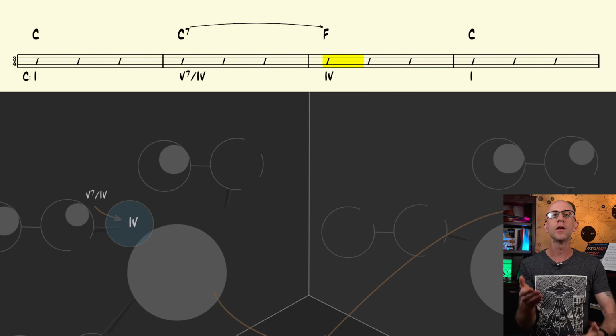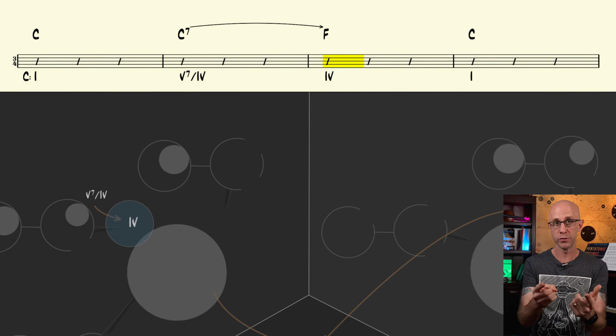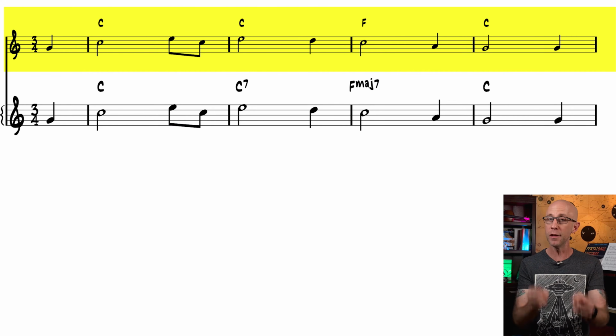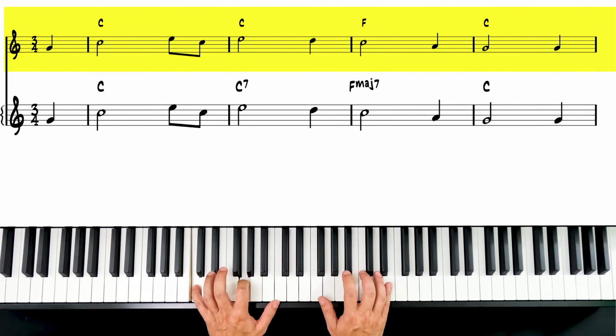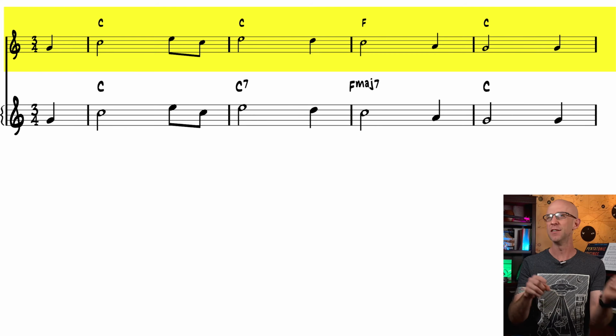Let's say I want to use the technique that we just used in our last video on Amazing Grace. Remember when on the 2nd measure, we replaced the 1 chord with the 5 of 4, turning this into this?